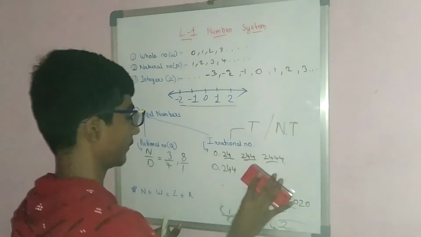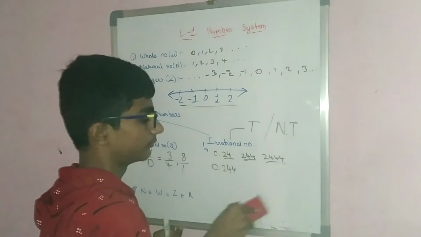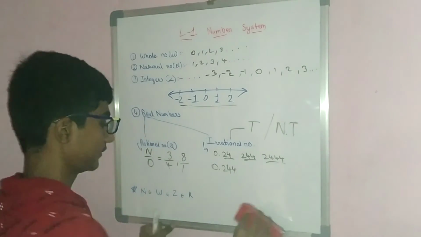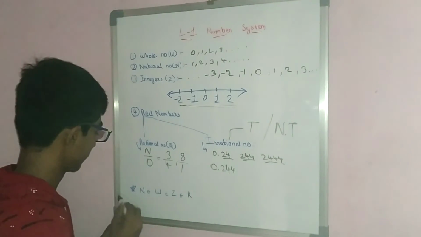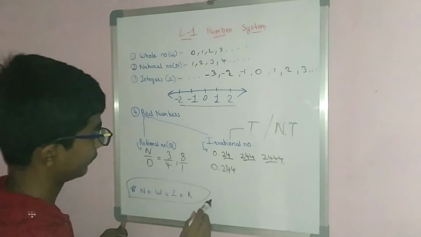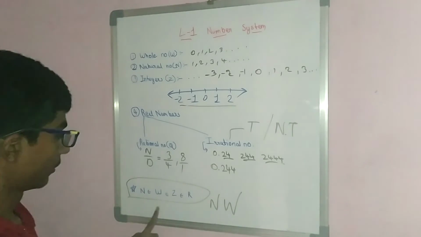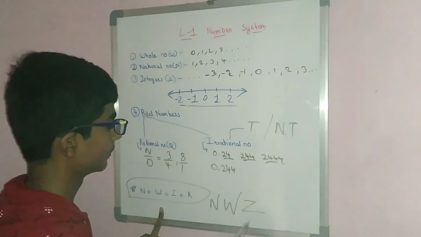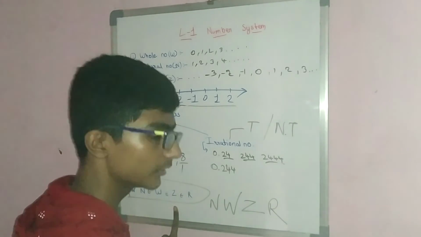So I hope you have understood what a terminating and non-terminating number is. Now the very important thing to know is this: all natural numbers are whole numbers. All whole numbers are integers, and all integers are real numbers.